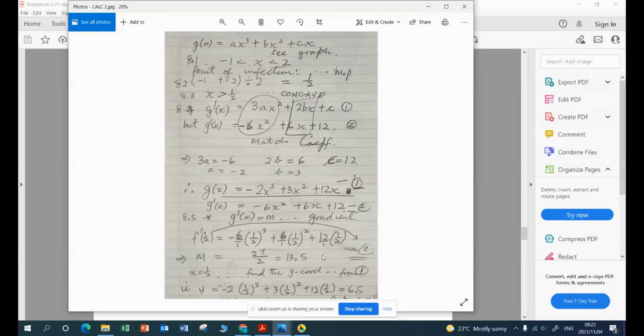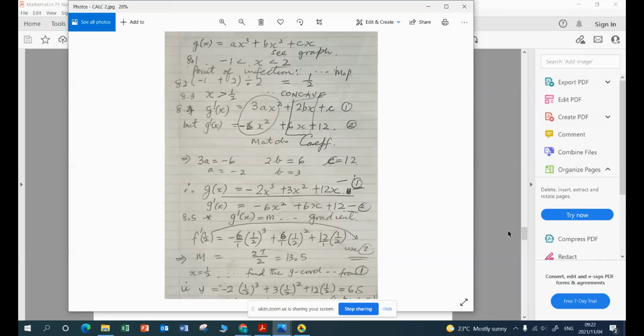Please don't confuse this with substituting into the original equation. When you substitute in the original equation, you will get the y coordinate. If you substitute x in the derivative, you will get the gradient of the line which is tangent to the curve. And the gradient there, if you simplify that, you get 13.5.